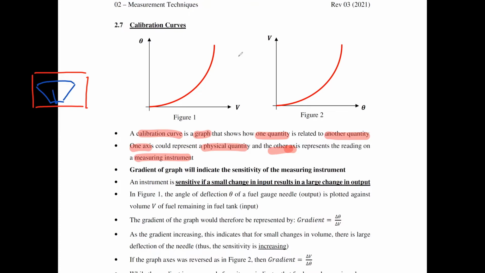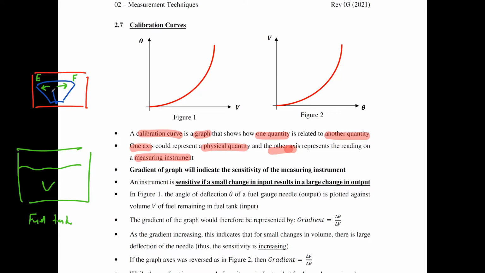It will tell you whether your fuel is empty or full, correct? Now, the reading on your fuel gauge tells you about the volume of fuel left inside your fuel tank. So if the volume of fuel inside your fuel tank is decreasing, your needle will go more towards this side. But if the fuel inside your fuel tank has increased, your needle will go towards the right side.